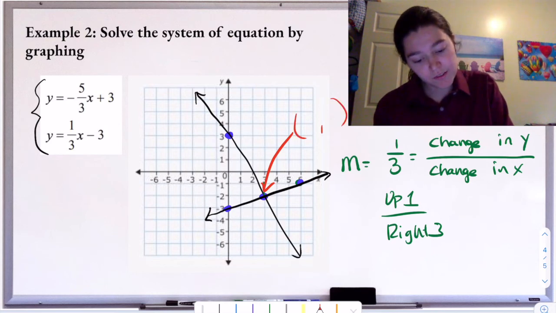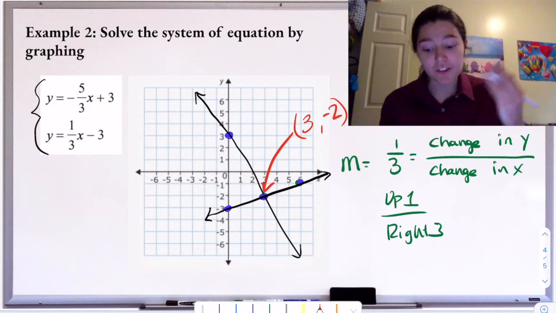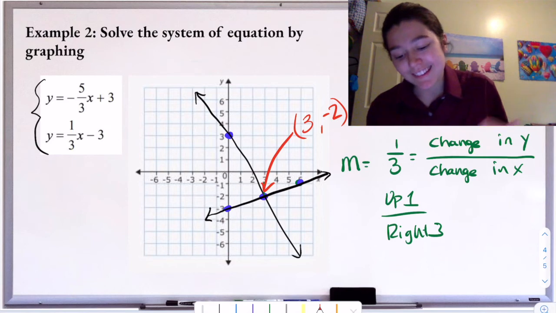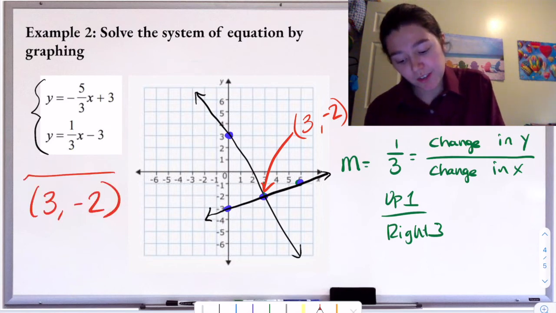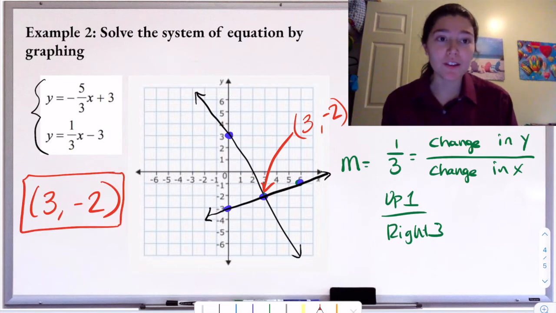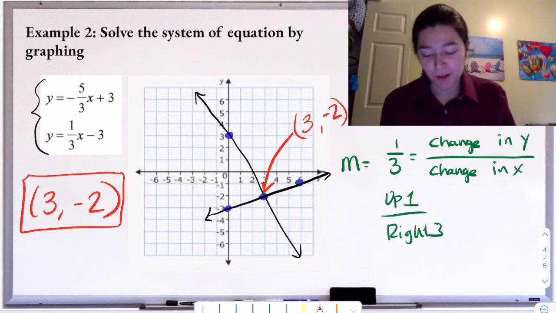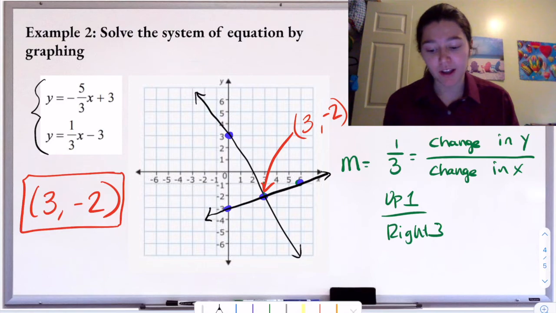What are the coordinates for that point? 3, negative 2. Awesome. So the solution to the system of equations is 3, negative 2, and we want to write the solution that way as a coordinate point. The x value of 3 and the y value of negative 2 will make both equations true. And if we wanted to, we could check that we're correct by substituting in 3 for x and negative 2 for y, and seeing that we get true equations in both cases.